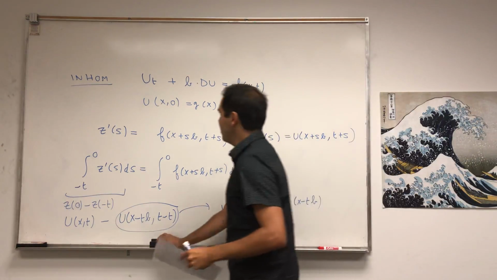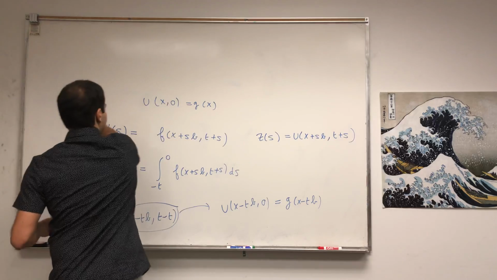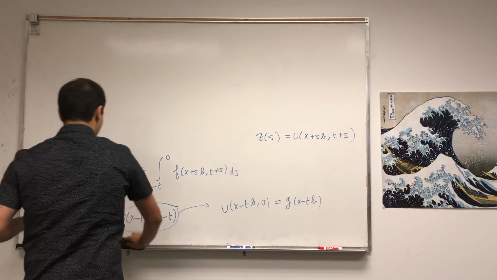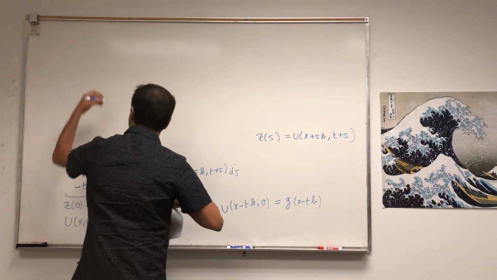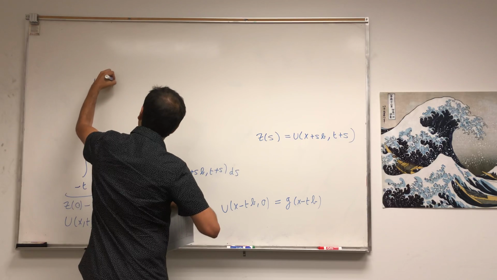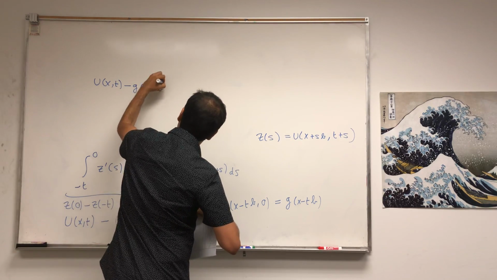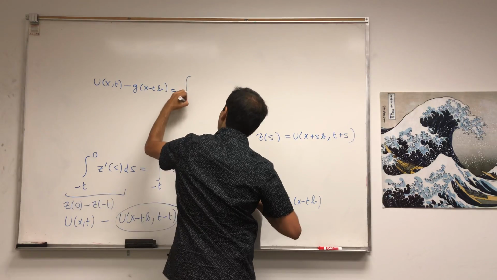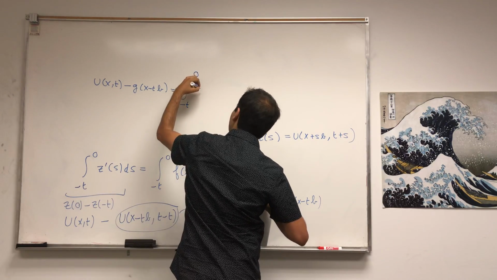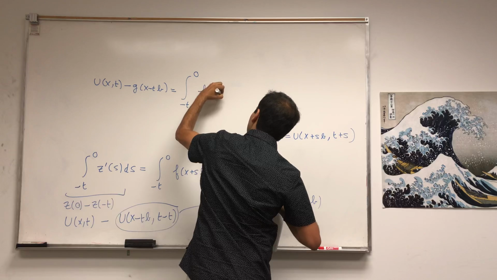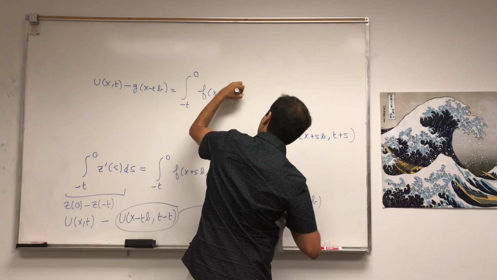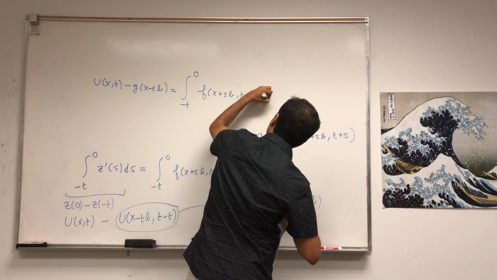And therefore, what do we get? The left-hand side then becomes u of x, t minus g of x minus tb equals the integral from minus t to 0 of f of x plus sb, t plus s ds.